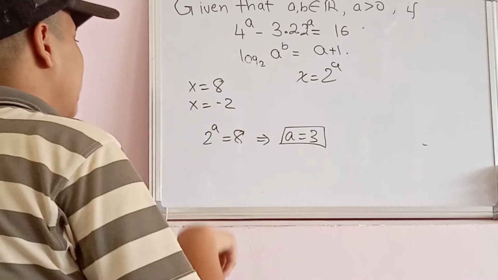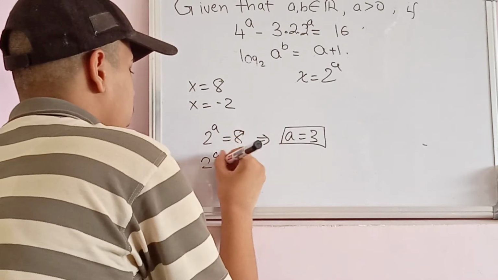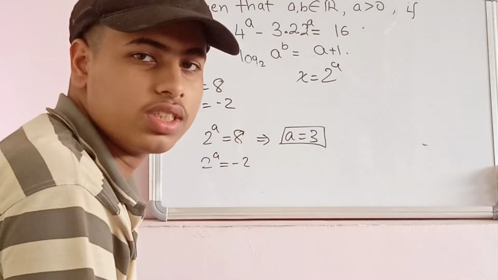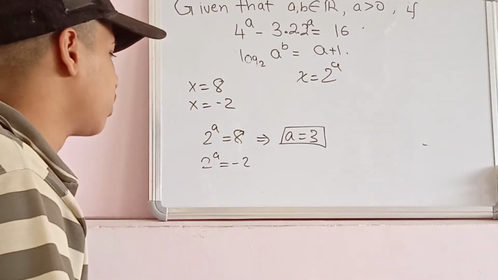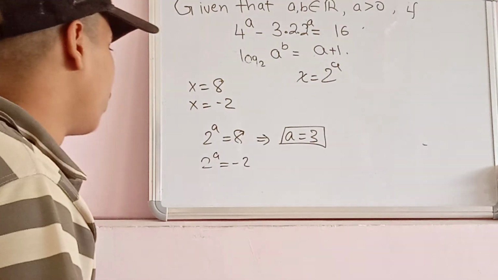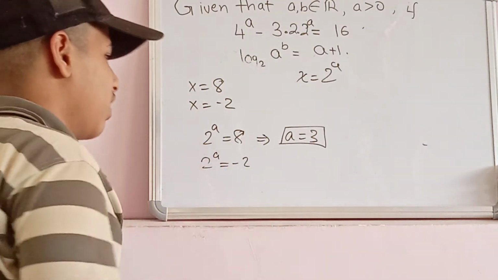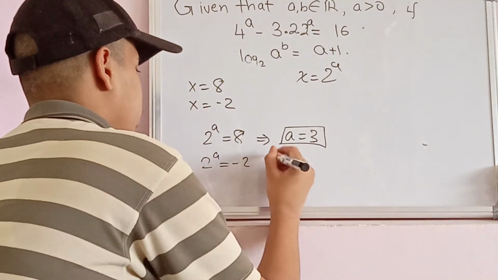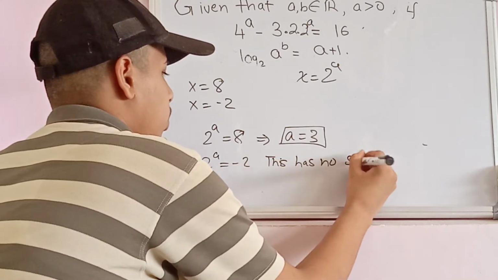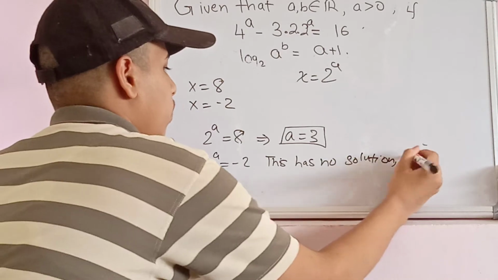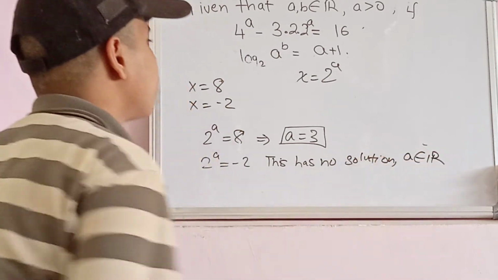And 2 to the a is negative 2. Can you think of any real numbers such that this is the case? I cannot, because there is no real number which will make this a negative number. So this has no solution for a belonging to real numbers.